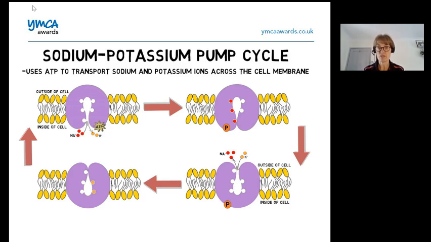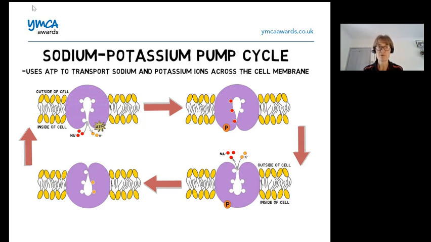And whilst it's open, 2 potassium come in. So if you just see that as an ongoing cycle, you've got your sodium being pumped out and your potassium being pumped in. And this allows for either electrical impulses or for muscle contraction.